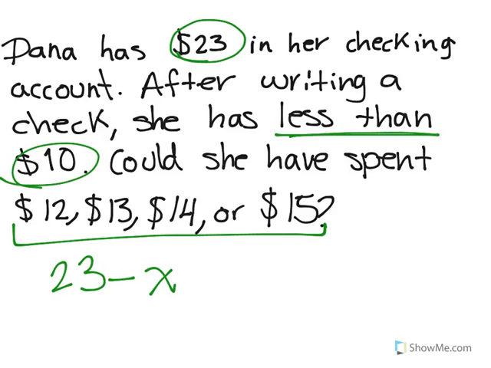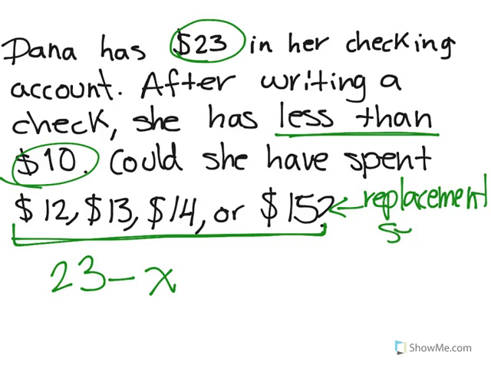So does that sound familiar? Yes, it does. This sounds like the replacement set, because we will see if any of these values can solve whatever equation we're getting. But now it says after writing the check, she has less than $10. It doesn't say that she has $10. It says she has less than $10.